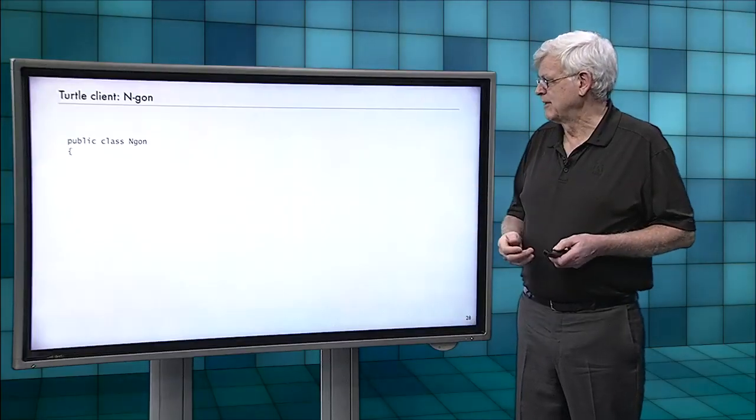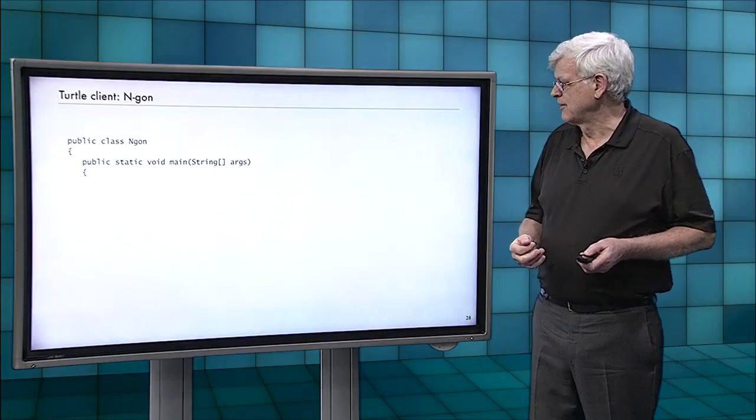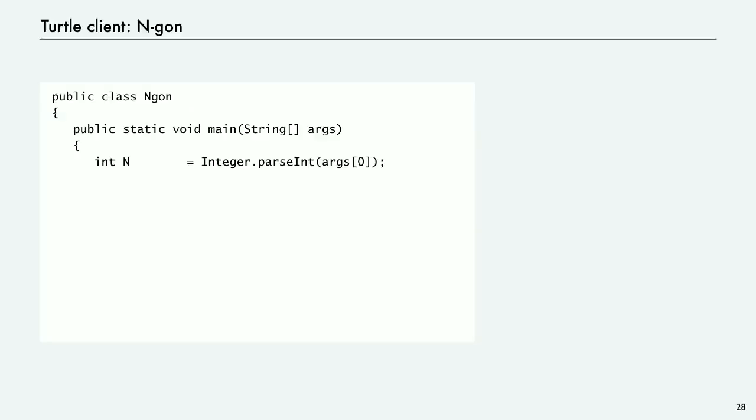So here's an example of something very simple we can do with the turtle. We can draw an n-gon. We'll take the value n from the command line, and so the angle we want is 360 over n. If n was 3, it was 120, and if it's 4, it'll be 90, and so forth.